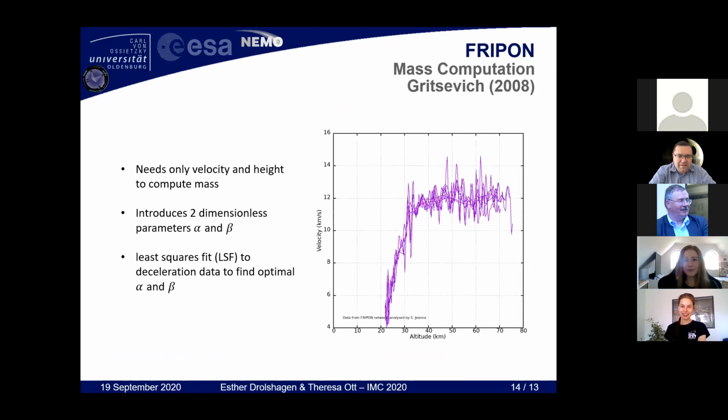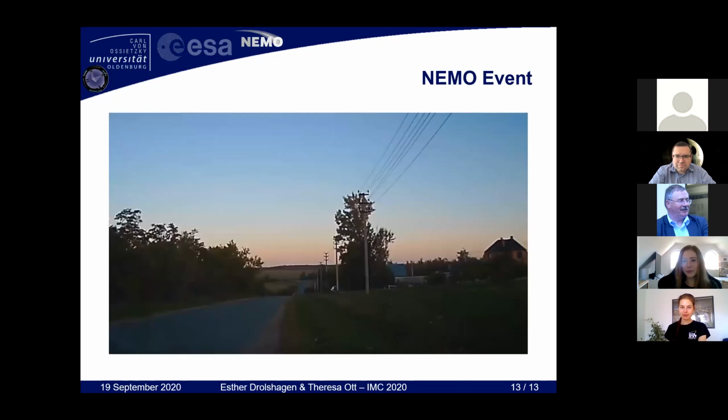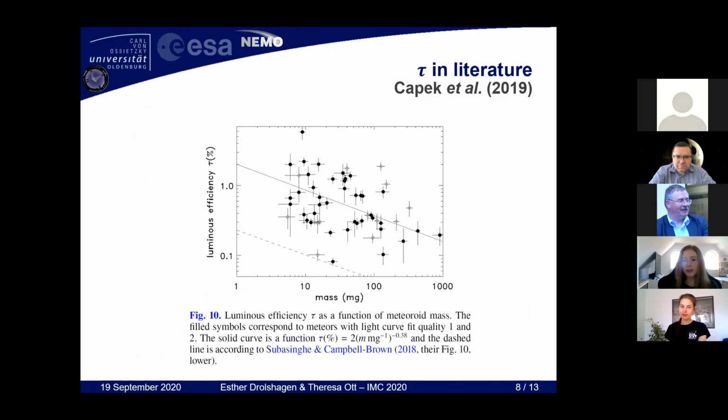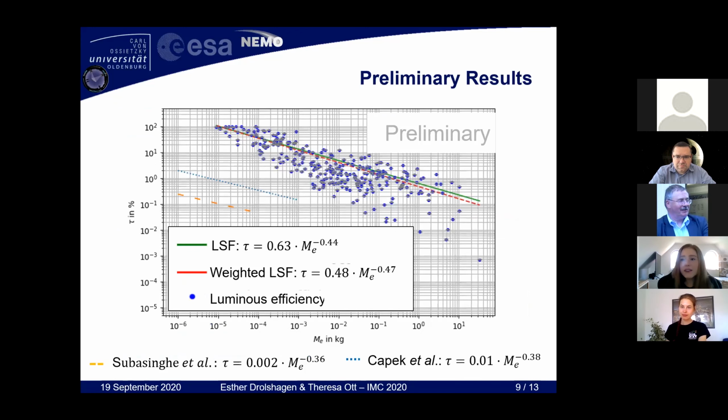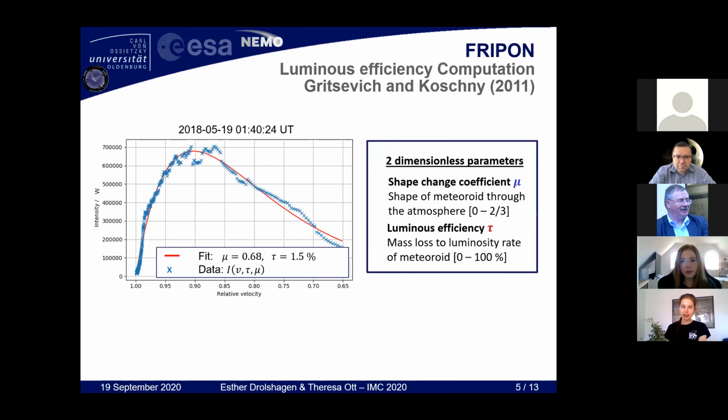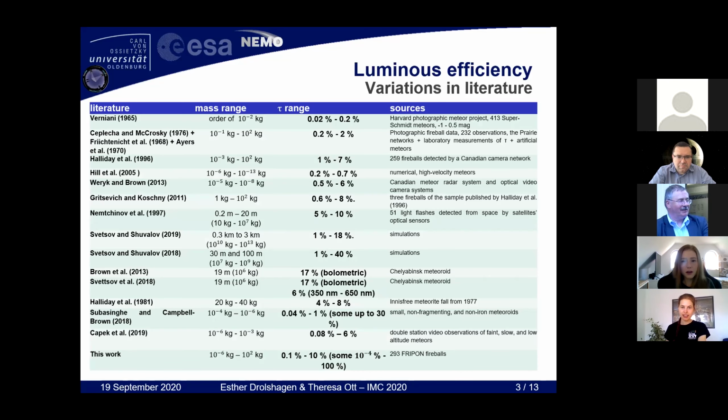Theresa, Esther, you said that your mass range is terminated by 10 to the 13 kilograms. So can you tell me what is your sample there for a billion tons? These are the literature values we had a look at. Okay, so that can be hardly any meteors, fireballs, whatever. Yeah, we just had a comparison of the literature values that were there, and this was the size range that they were looking at.